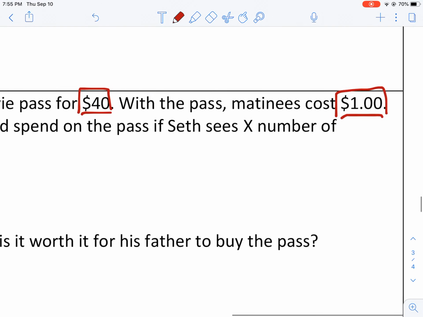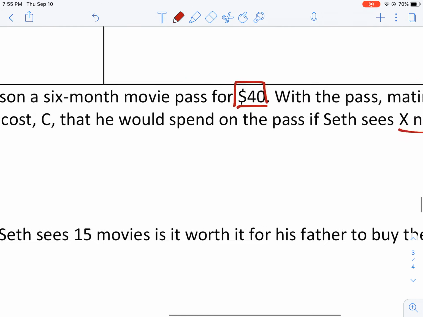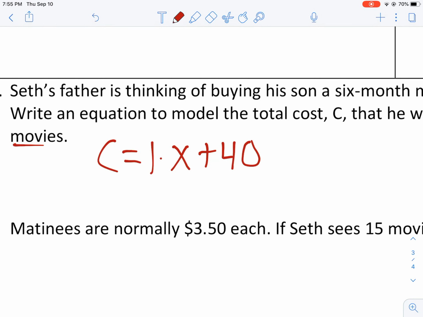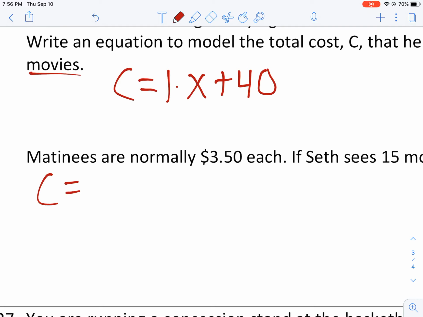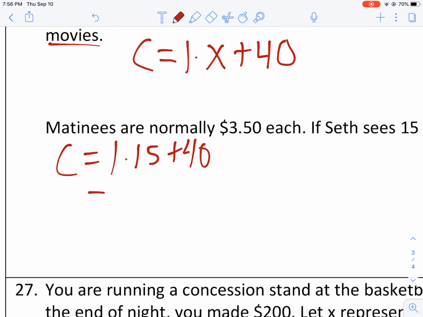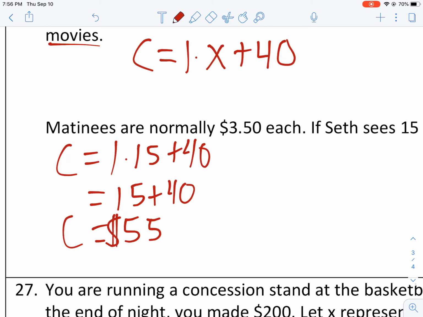Remember, X represents the number of movies, so we plug 15 in for X. That'll give us the cost. C equals 1 times 15 plus 40. 1 times 15 is just 15, so we have 15 plus 40, which is 55. That will cost him $55.